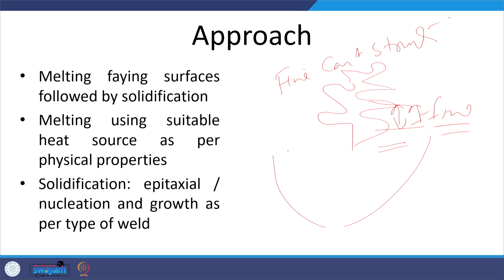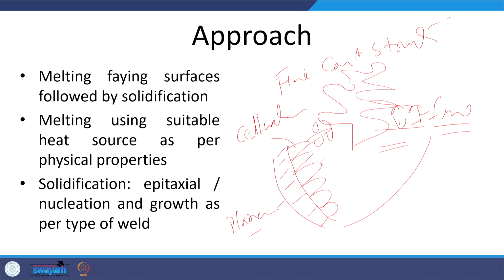For example, immediately after the fusion boundary, in the weld zone we get the planar structure, like this. Next is the cellular structure, and then we get the dendritic structure like this. And in the middle we have the equiaxed grain structure.